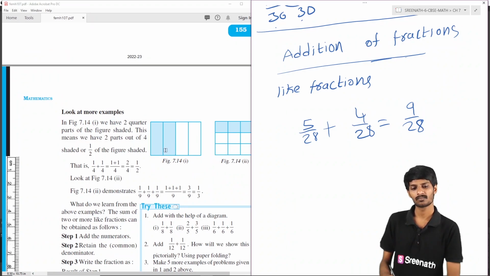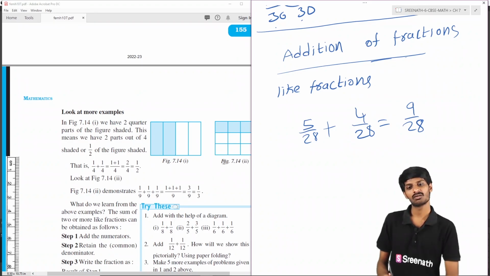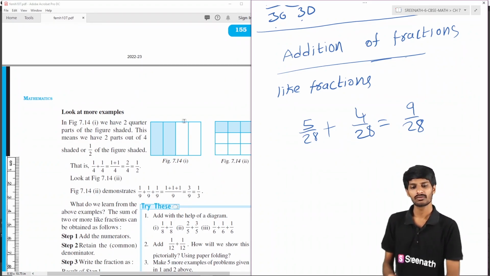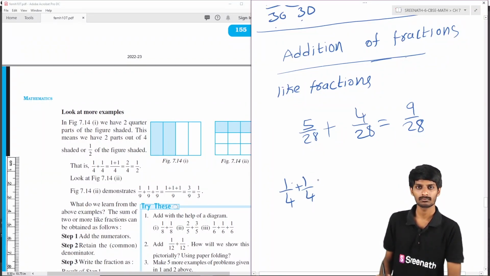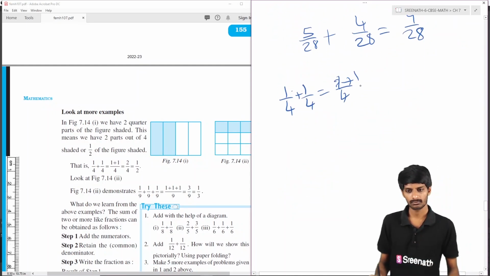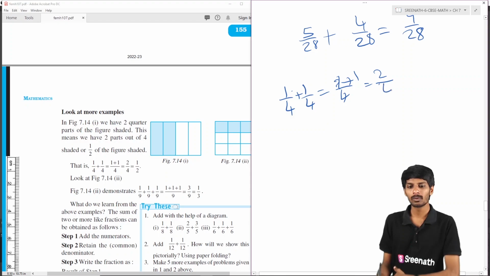It is 1 by 4 plus 1 by 4, 2 out of 4 things, that is 2 by 4. That is nothing but 1 by 2.